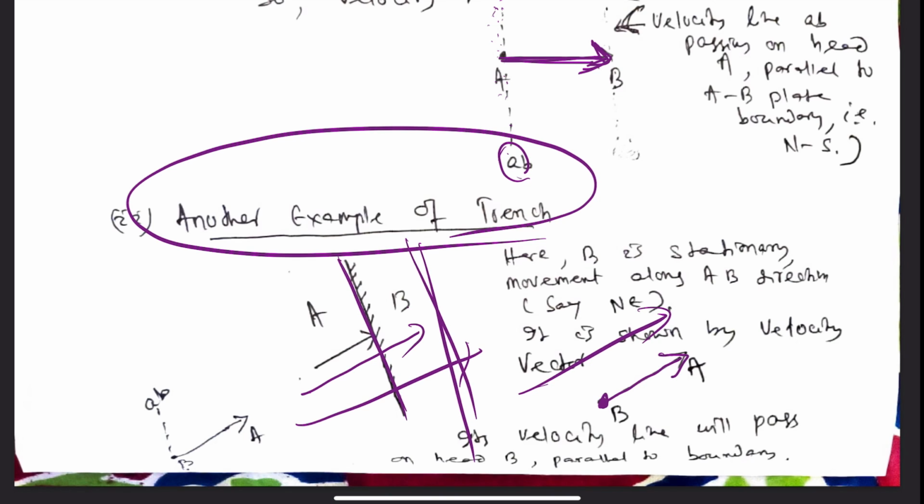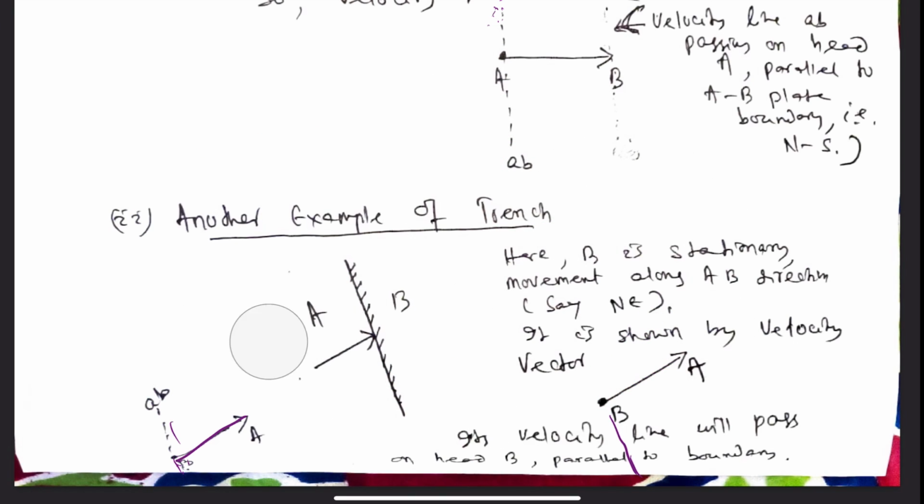So velocity line will be parallel to the boundary, and it will stand over the plate along which the movement is taking place. So it will be over the B head here. So this is the velocity line. This we have to remember.